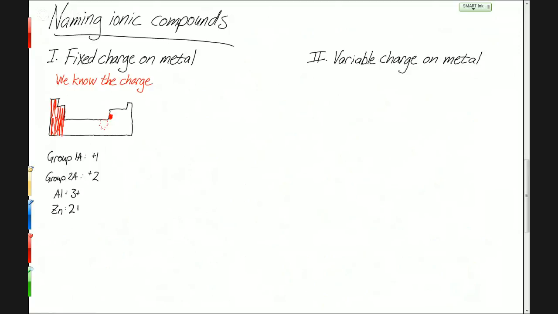We'll look at a couple of them. Zinc is always 2+. Silver is always 1+. Cadmium is 2+. I'm only going to ask you to remember these three. So know that the group 1As are all +1, the group 2As are all +2, and aluminum is +3.